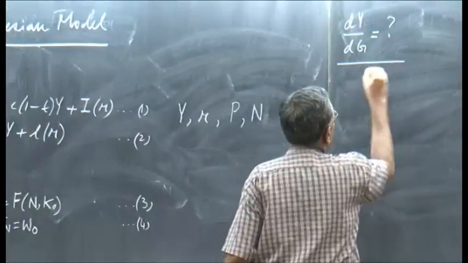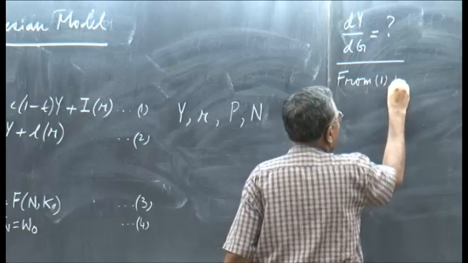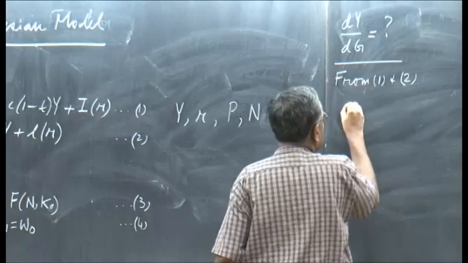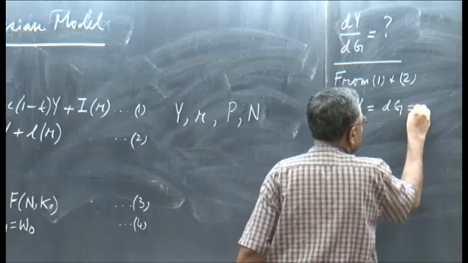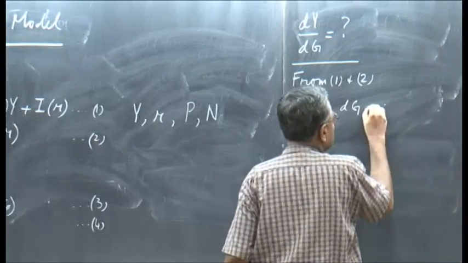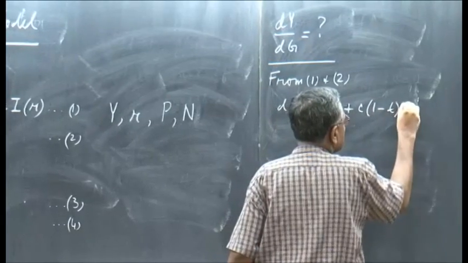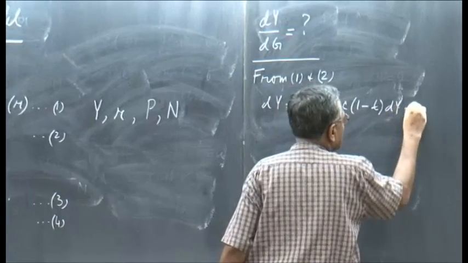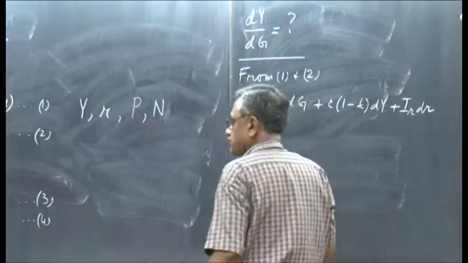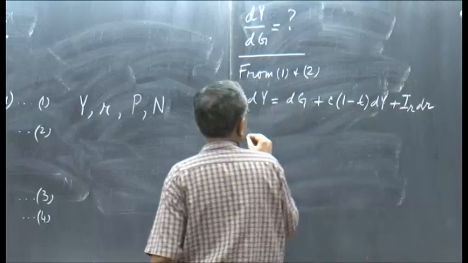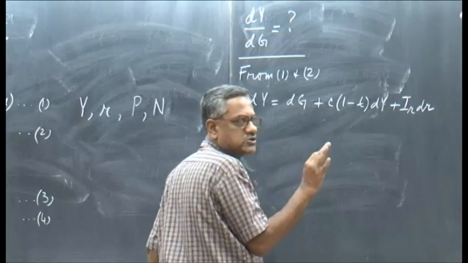So what you would have from 1 and 2, you get dY is equal to dG plus c into (1 minus t) dY plus I_R dR. The second equation will be, let's assume money supply constant for the time being.